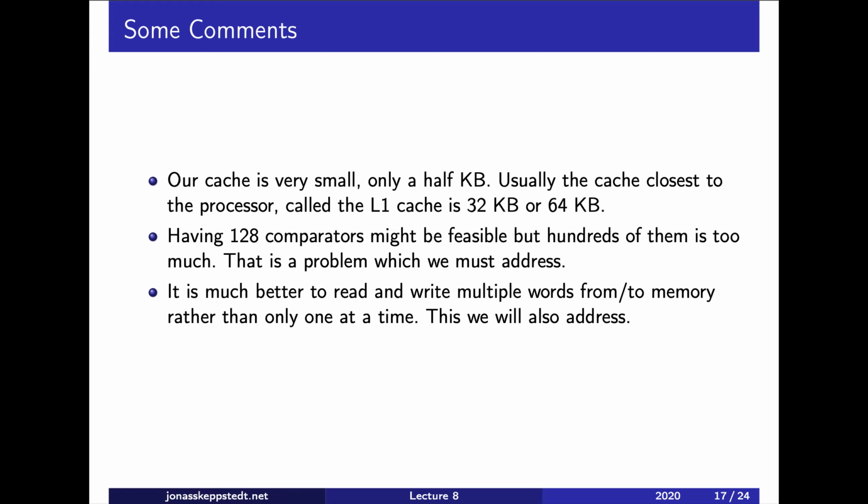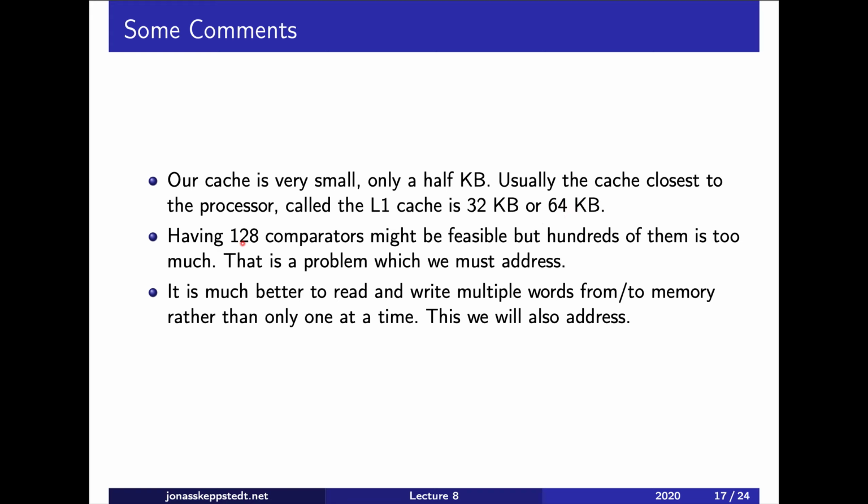Some comments: this cache is extremely small, and usually a cache which is on the same chip as the pipeline is perhaps 32 kilobytes or 64 kilobytes.